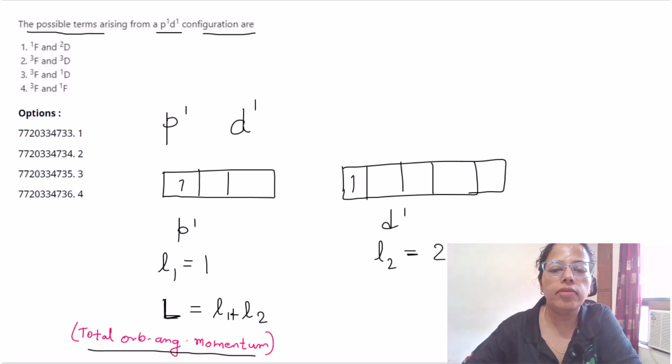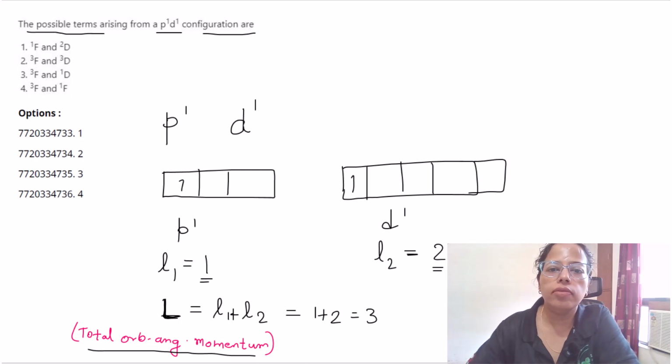So we have L1 and L2 as individual orbital angular momentums, and the summation of these two gives the total orbital angular momentum, indicated by capital L. So L1 plus L2 becomes 1 plus 2, that is 3.